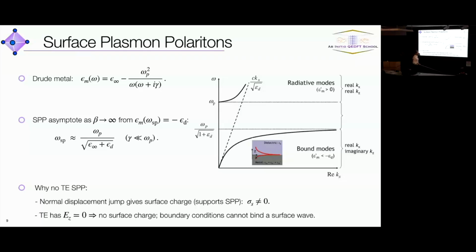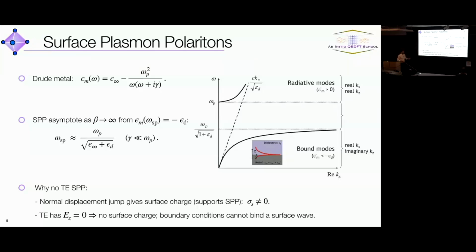Okay? And the solution that gives you a surface plasmon is always only a TM mode if you have non-magnetic materials. And the intuitive reason, and you will have to check on your own by using the Fresnel coefficients for TE and TM and look for poles, but the idea is that you cannot have TE modes because there is no surface charge which would support the discontinuity in the Z component of the electric field.